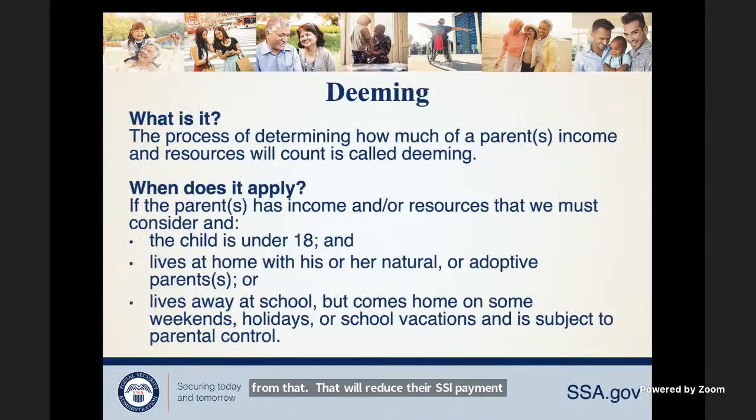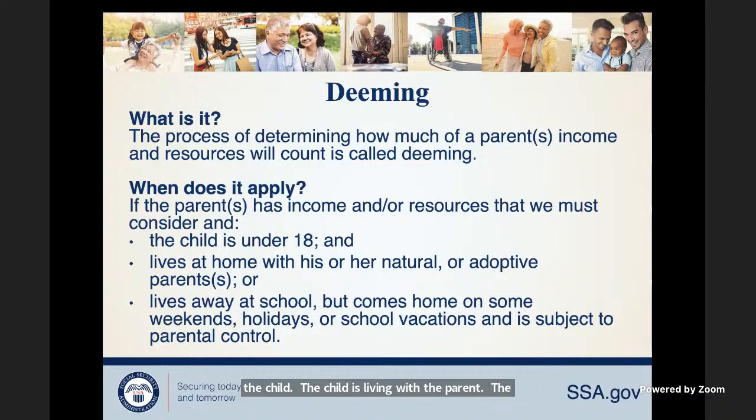Now, this deeming is what I was mentioning. The income of the parents deems down to the child that's applying if they're under age 18. Let's say the child is being raised by their grandparent, which is so common right now. That grandparent's income is not going to count against the child, because the child is living with the grandparent and the grandparent is the legal guardian.